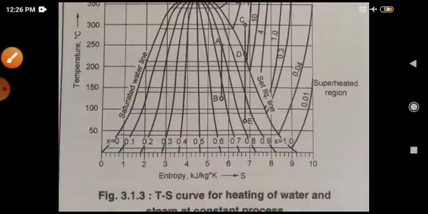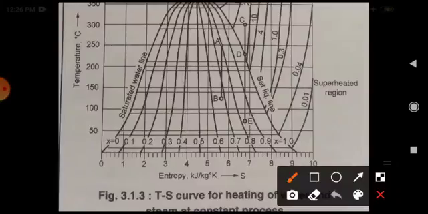Let me show. These are dryness fraction lines. These are all reaching the critical point, and these are the pressure lines.